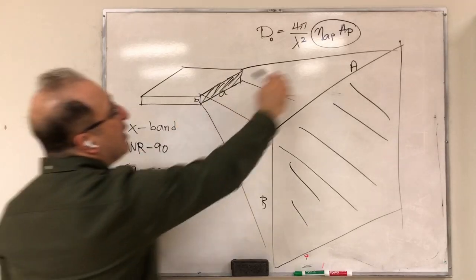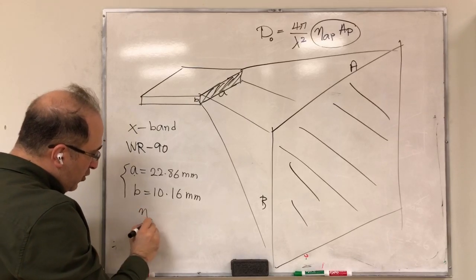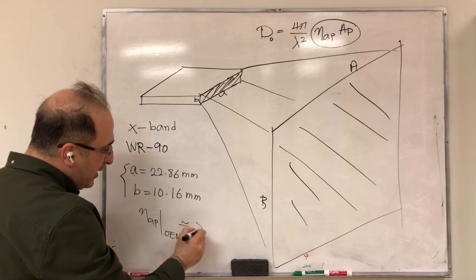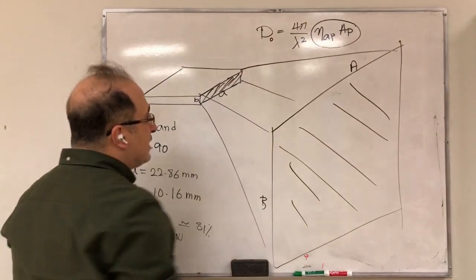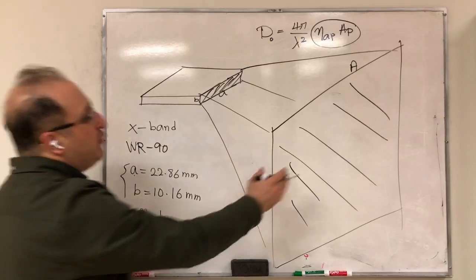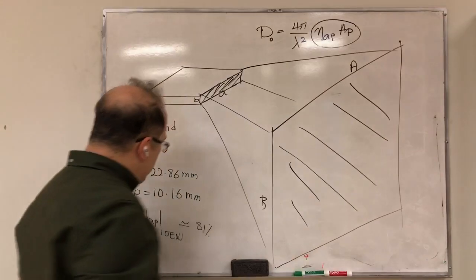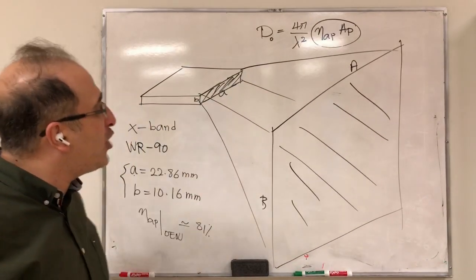And if you remember, aperture efficiency for waveguide was about 81%. So you essentially cannot exceed some value of directivity. But if you increase your physical aperture, as long as you can keep the aperture efficiency reasonable, you can increase your directivity. And that's really the topic of horn.